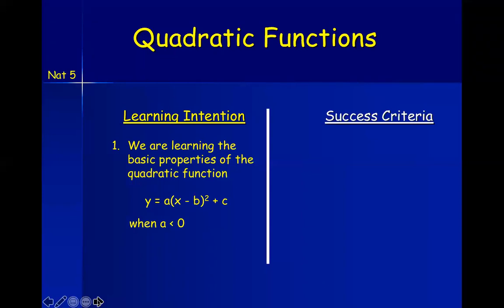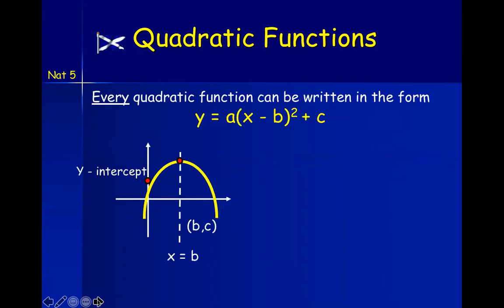So this time, in this part, we're looking at, again, a similar quadratic function, but when a is negative. So let's have a look. When a is negative, you've got what we call a sad face, but very similar to what we've been doing.